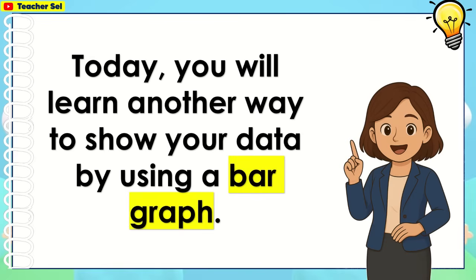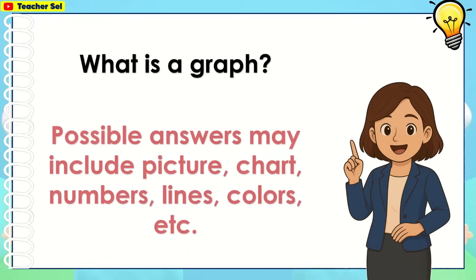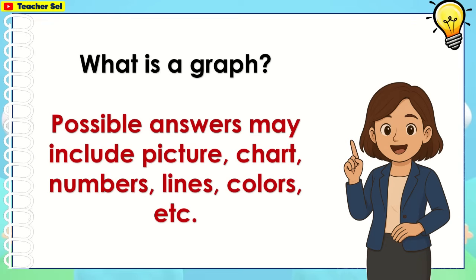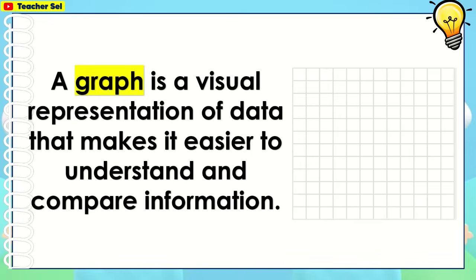Today, you will learn another way to show your data by using a bar graph. What is a graph? Possible answers may include picture, chart, numbers, lines, colors. A graph is a visual representation of data that makes it easier to understand and compare information.